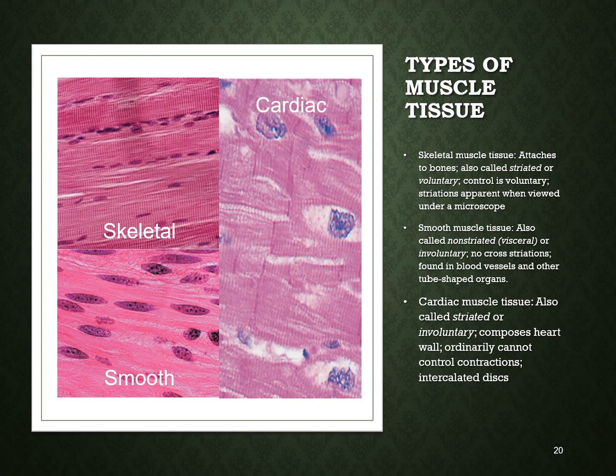Now we're going to shift gears and talk about three different types of muscle tissue. The three different types of muscle tissue are skeletal, smooth, and cardiac. So let's talk about skeletal muscle first. Skeletal muscle is also called striated muscle or voluntary muscle.